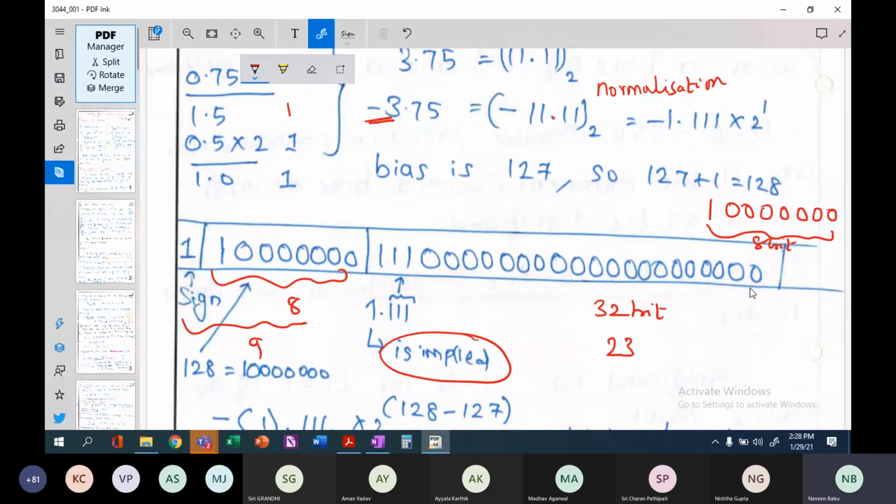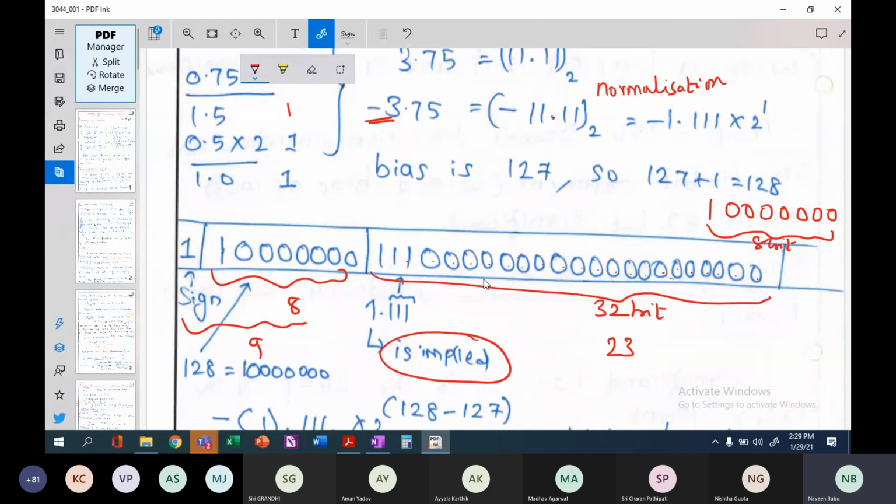So all the rest are 0. You may count here that it must be 23 bits. Let us see if I have made a mistake. 1, 2, 3, 4, 5, 6, 7, 8, 9, 10, 11, 12, 13, 14, 15, 16, 17, 18, 19, 20, 21, 22 and 23 bits. This field size is 23 bits.